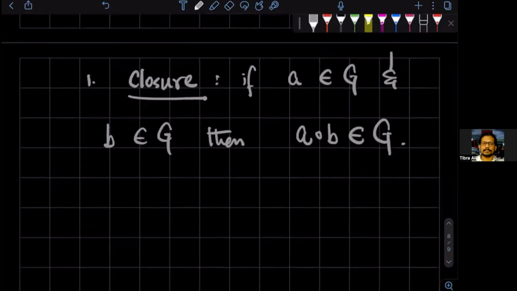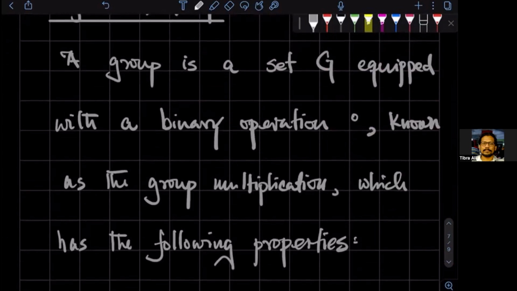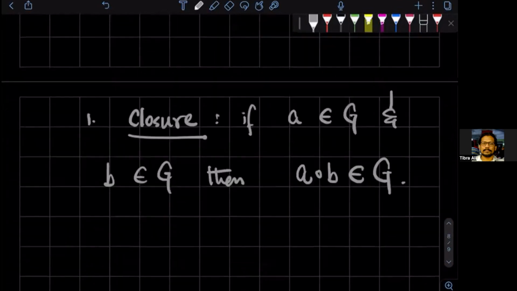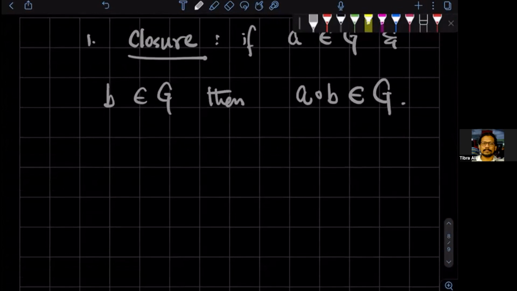Okay, so note that the set itself is not a group. The group is G, the set, along with the multiplication, which has the following properties. It's closed. Number two, the multiplication is associative.